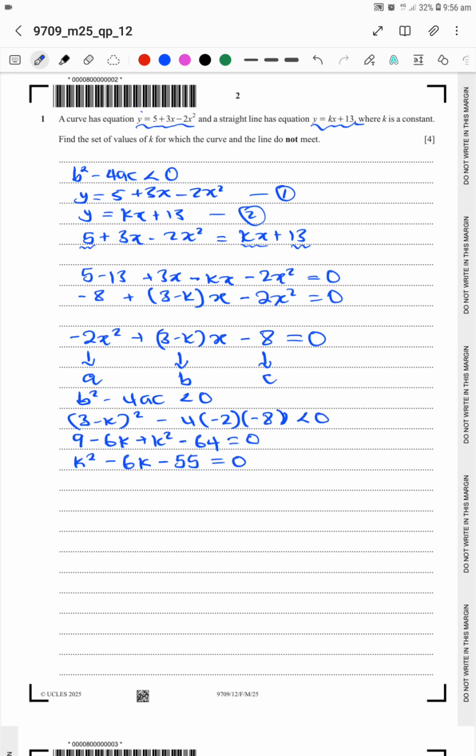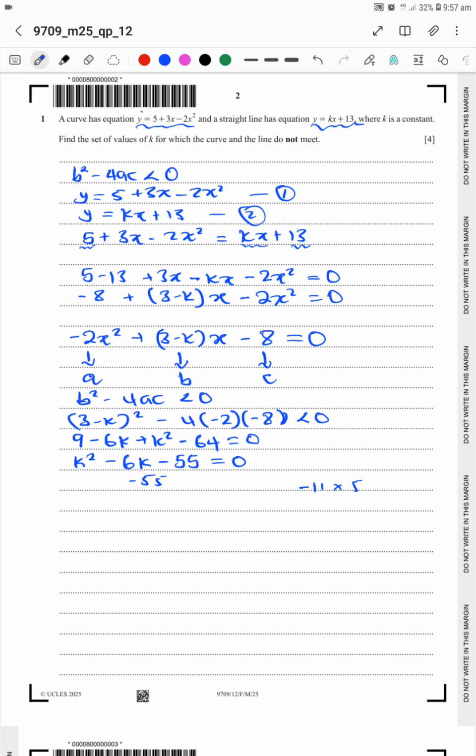When we multiply, we get negative 55, and when we add them, we get negative 6. 11 times 5 gives us 55, but since we need negative, we can say negative 11 times positive 5, which gives negative 55, and if we add negative 11 and positive 5, we get negative 6.